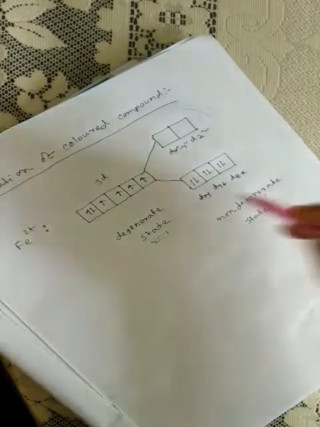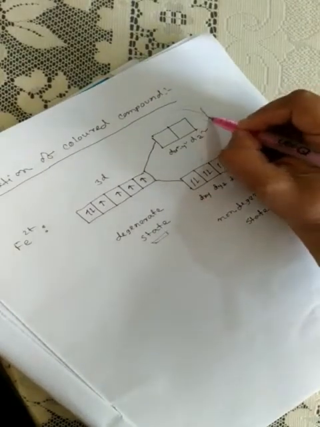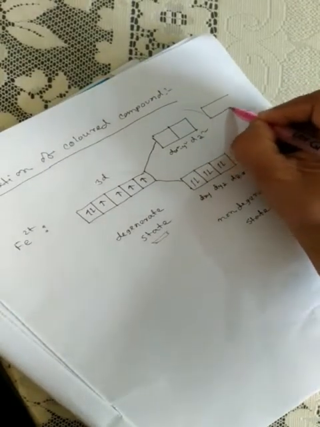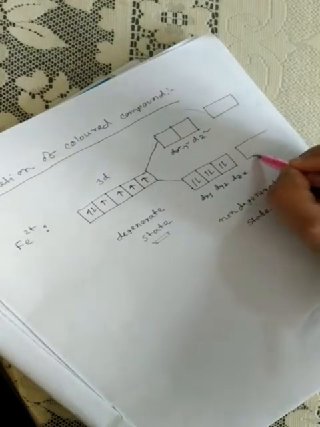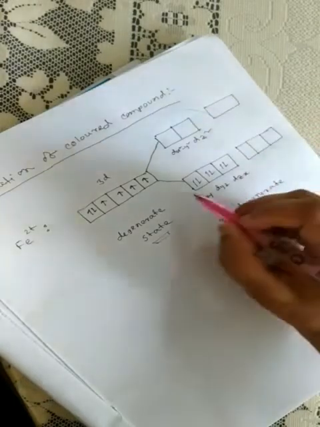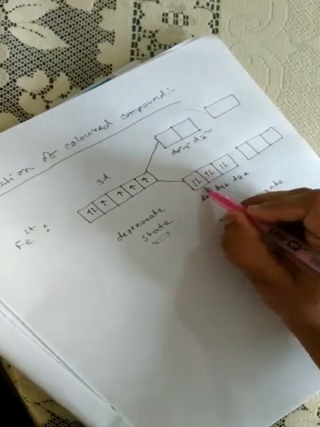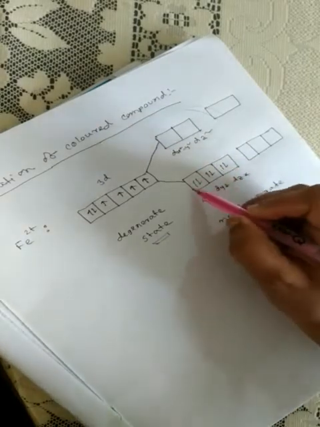When any ligand comes to this transition element, they try to form the maximum number of paired electrons.